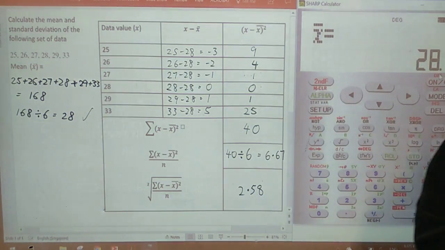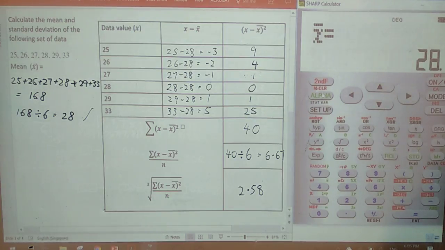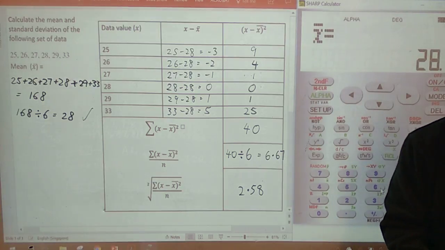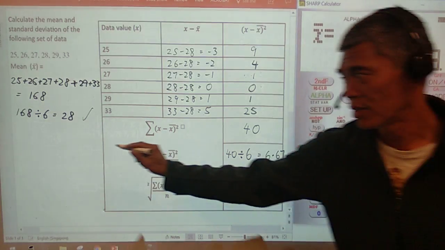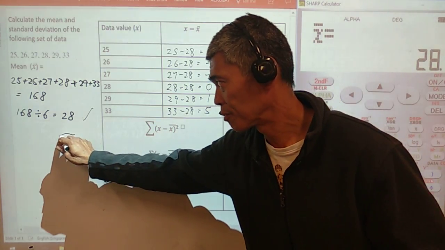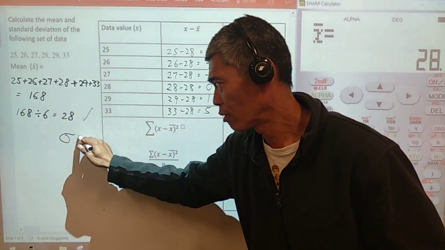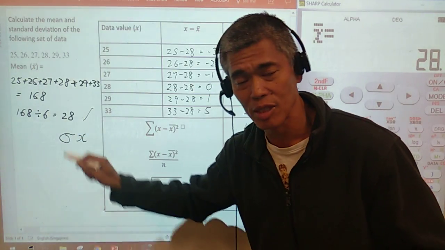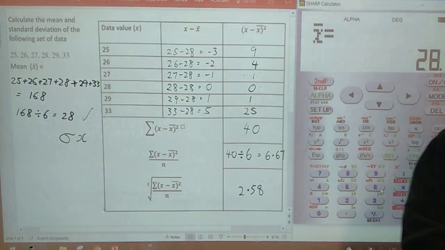And then if you want to calculate the standard deviation, just click on alpha and click on the symbol that represents standard deviation. The symbol that represents the standard deviation looks like this, a sigma with an x in front. Sigma is a Greek symbol.